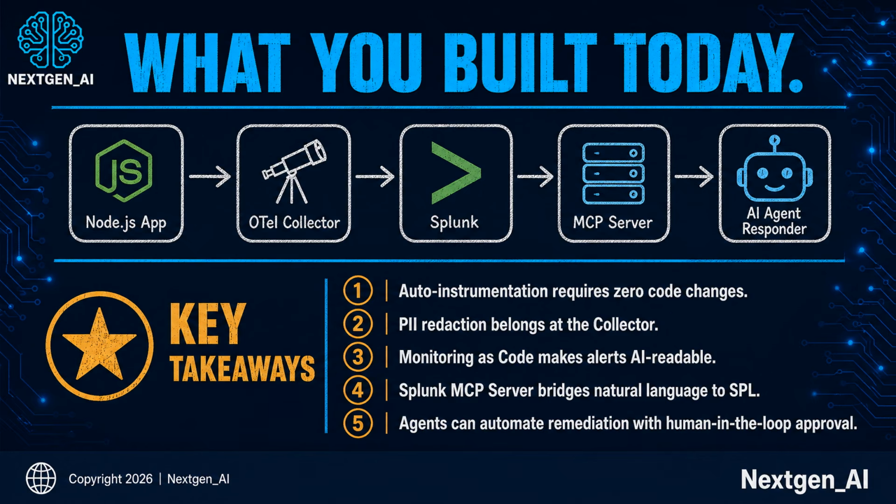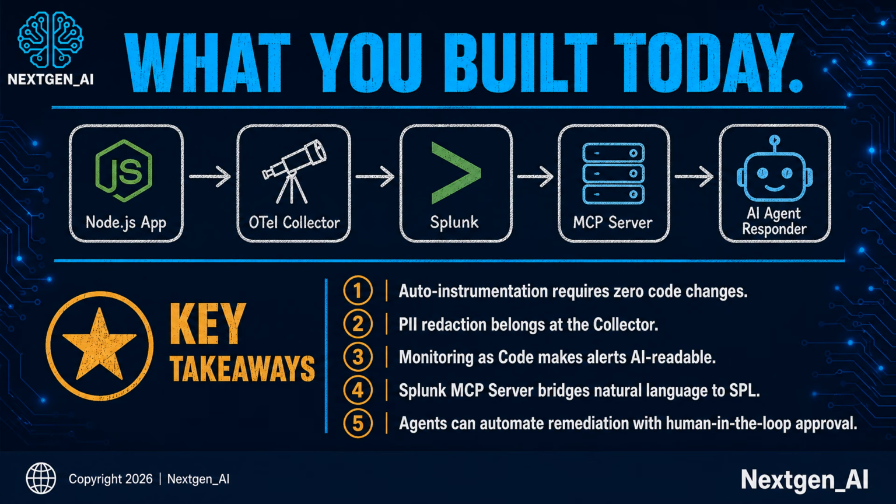Let's take a moment to appreciate what you have built today. You started with a Node.js application and added zero-code auto-instrumentation using a single --require flag. You deployed an OpenTelemetry Collector that scrubs PII using regex-based redaction before data ever reaches a backend. You configured the Splunk HEC exporter to route process telemetry into Splunk with proper token security and TLS enforcement.